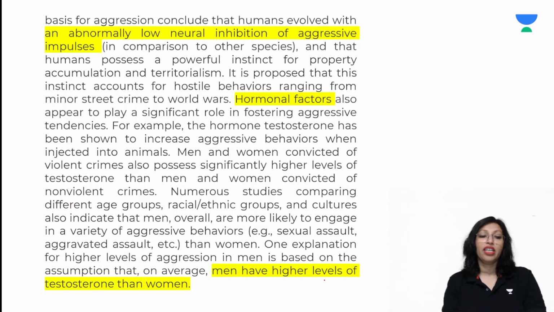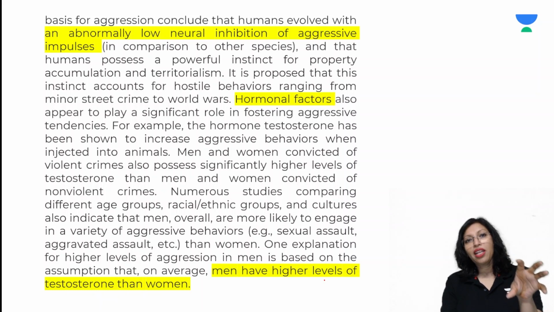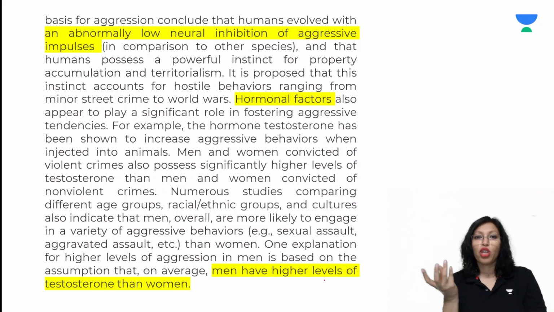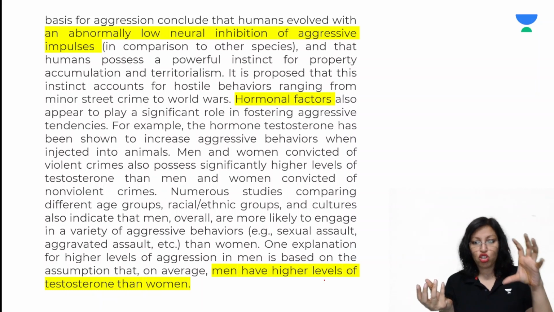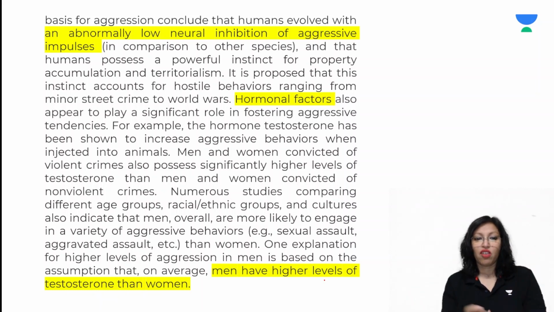Numerous studies comparing different age groups, racial and ethnic groups, and cultures also indicate that men overall are more likely to engage in a variety of aggressive behaviors, because men produce more testosterone, women produce more estrogen. So testosterone is the aggression hormone.